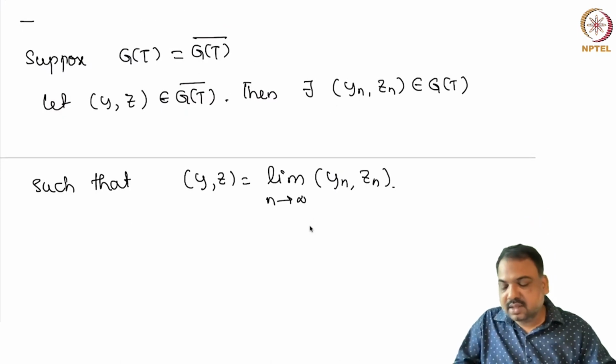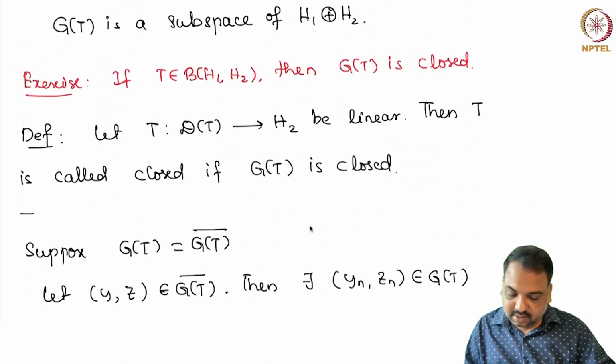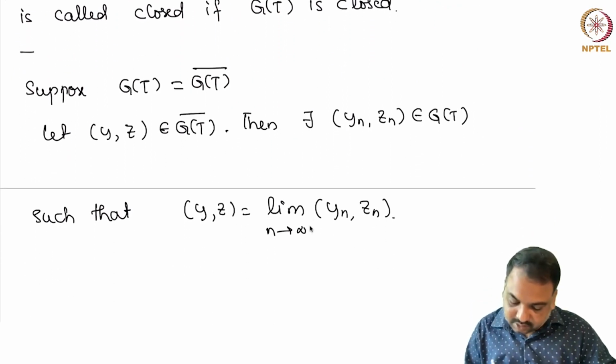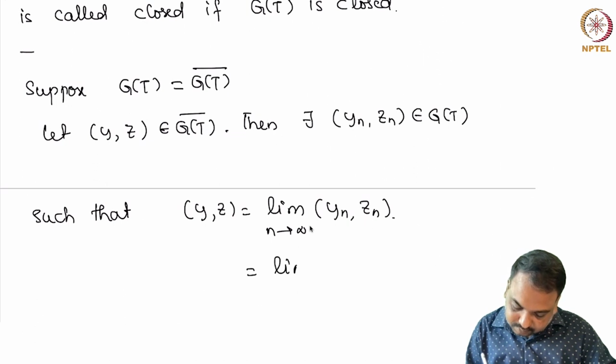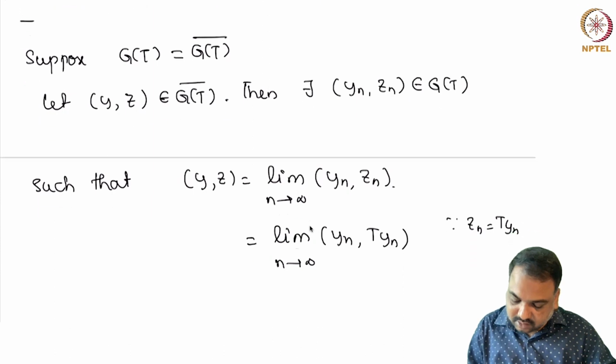Now (yn, zn) is an element of G(T), but elements of G(T) are of the form (x, Tx), so it should be (yn, Tyn) only. So zn is Tyn.